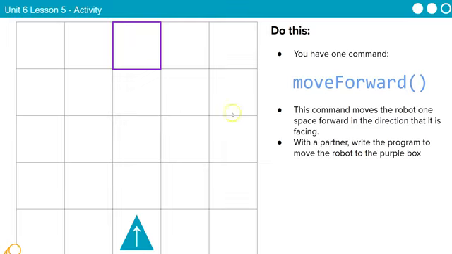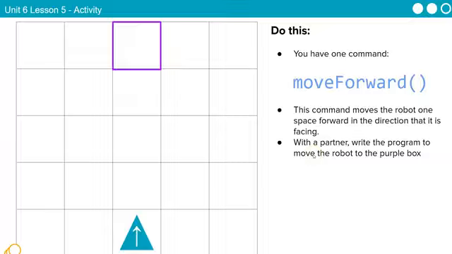All right, so to start, this is our game board. You put your little robot down here in the middle bottom square. It's facing up. The goal is to get the robot to this purple square, right? And we have one command, which we're just going to call move forward. Every time we call this command, the robot moves forward one square.